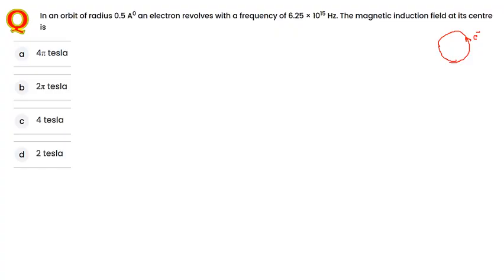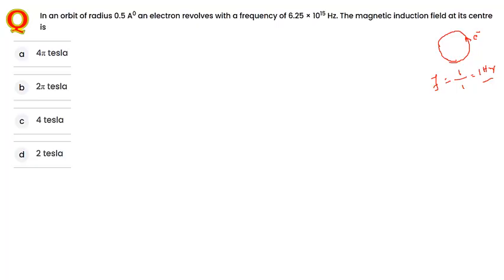Say, for example, if the electron revolves one full rotation per 1 second, that is 1 hertz frequency. Here it is rotating 6.25 into 10 power 15 times per second.